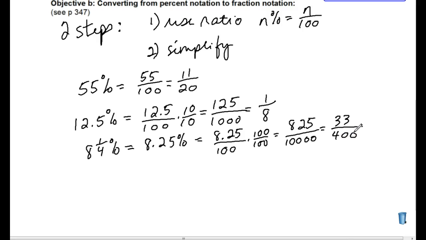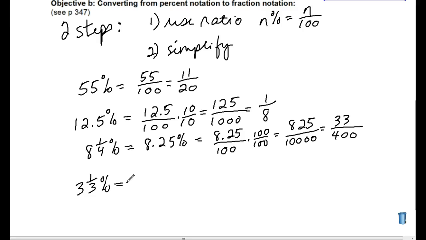Let's take a look at one more that's a real difficult, tricky one, and it's example 8 on page 348. I'm not going to do the problem exactly like that one, I'll do a different one. Let's say I have 3 1/3%, and I want to turn that into a fraction.